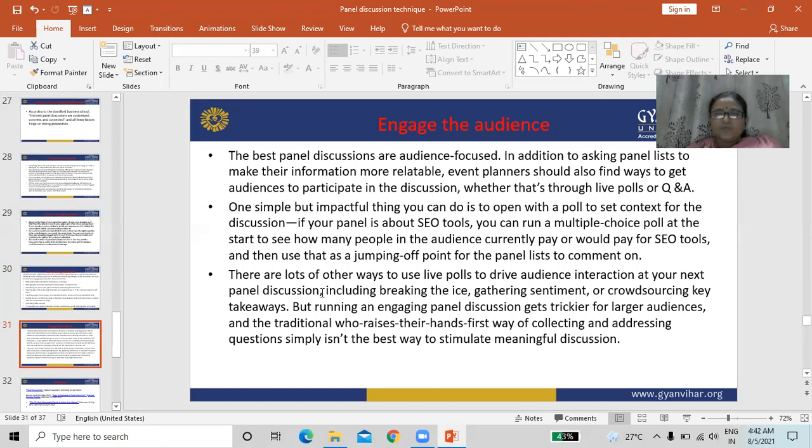the context for the discussion. If your panel is about SEO tools, you can run a multiple choice poll at the start to see how many people in the audience currently pay or would pay for SEO tools, and then use that as a jumping off point for panelists to comment on.